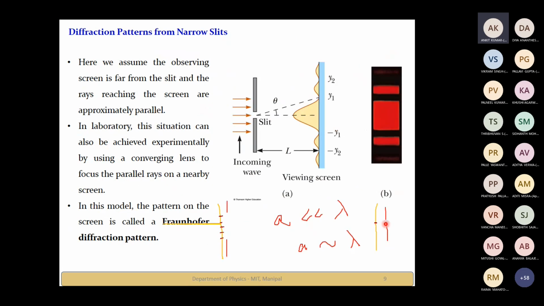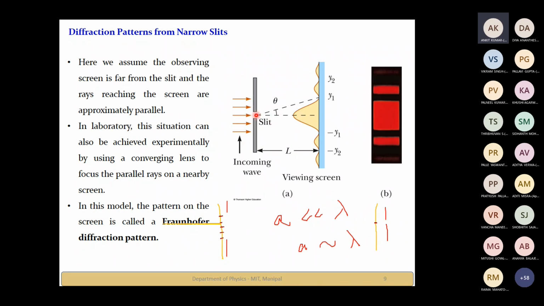In case of diffraction, the number of point sources present will be more. So you will get a diffraction pattern due to superposition of waves arriving from the different point sources of the same wavefront. So coming to our discussion, you have a single slit here.